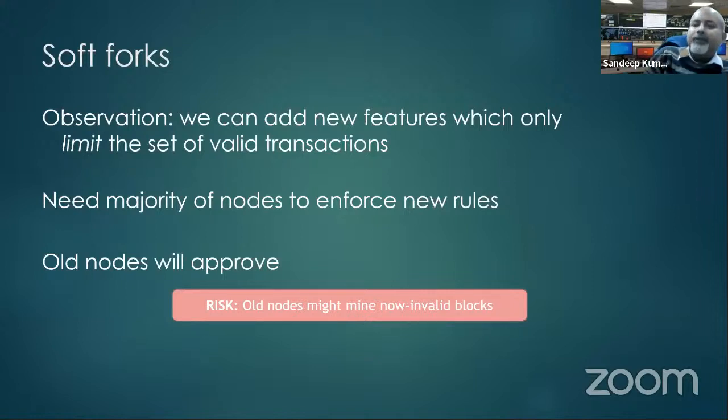Here, if you don't create any new rules, but only create rules that are a restriction on the older ones, then even the older nodes that don't change the software will also recognize the transactions, right? Because the new transactions will also be valid in the old rule, but not all old rule transactions will be valid in the new rule. Therefore, old nodes will not reject the blocks that have these new transactions, because these transactions were already valid in the old rule.